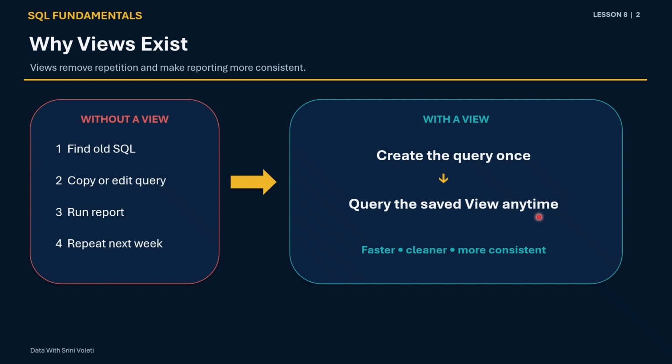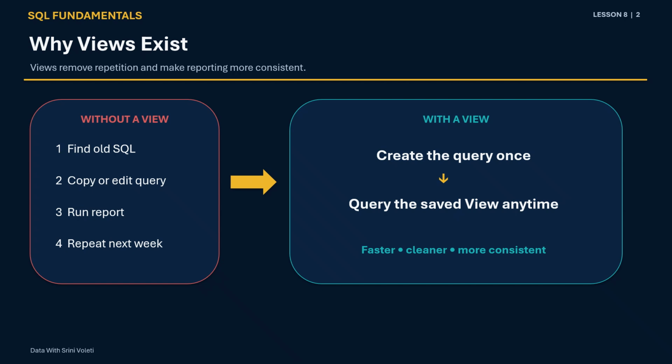Views also provide abstraction. A user may not need to understand that a report joins claims, providers, hospitals, insurance plans, and several lookup tables. The view can present a simpler shape such as provider ID, provider name, claim count, and provider total. This is similar to creating a clean interface over complicated implementation details. Views can also support controlled access. For example, a reporting view might intentionally expose member ID, age band, and risk category, while leaving more sensitive columns out of the view.